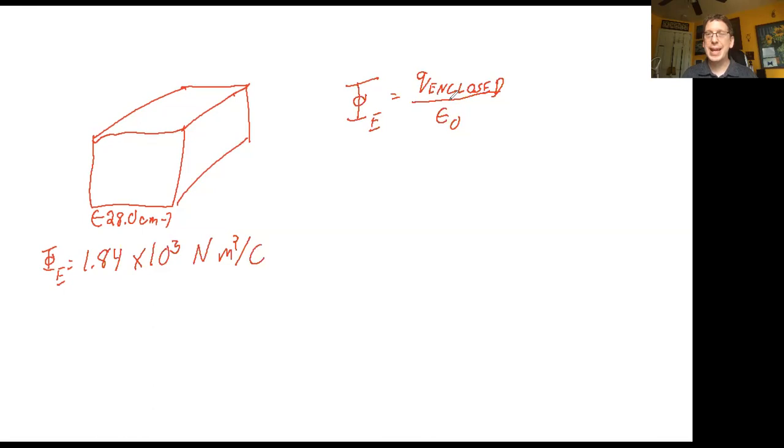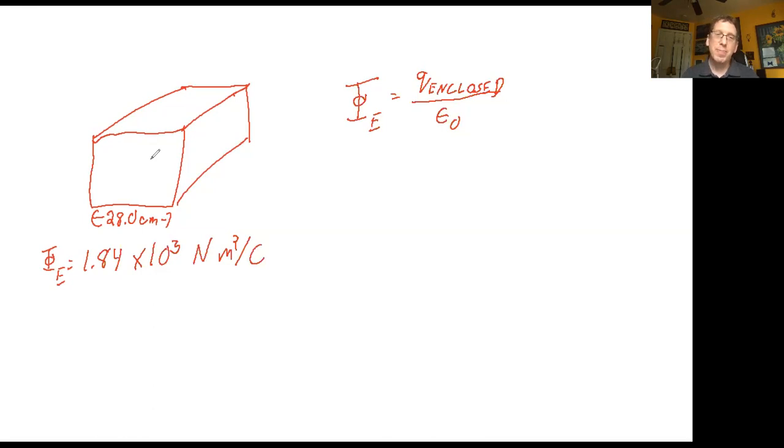And if it's pointing out more than in, the flux through the surface will be positive. This goes back to the last chapter: the electric field points out of a positive charge and into a negative charge. So if you put a positive charge inside here, you would expect the electric flux to be positive.